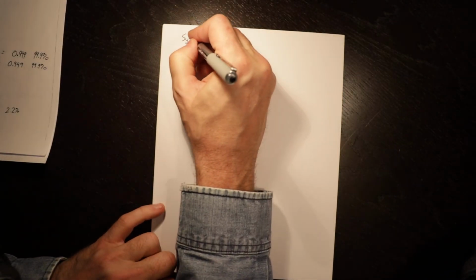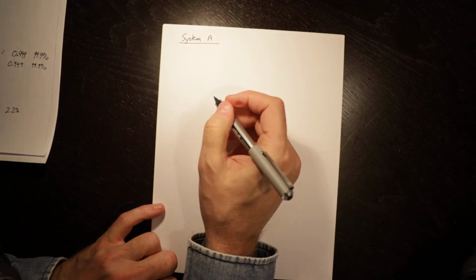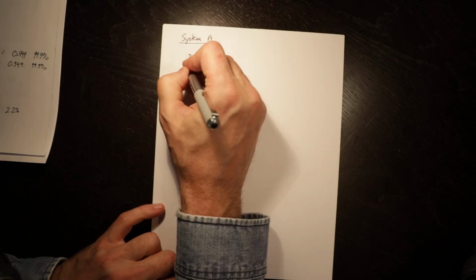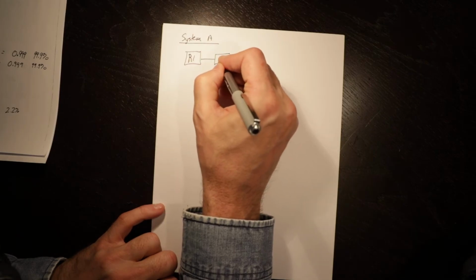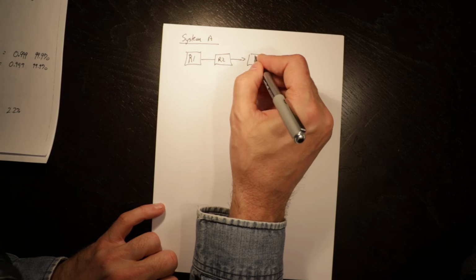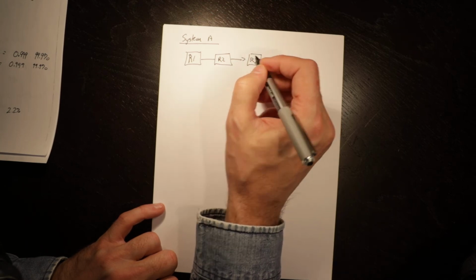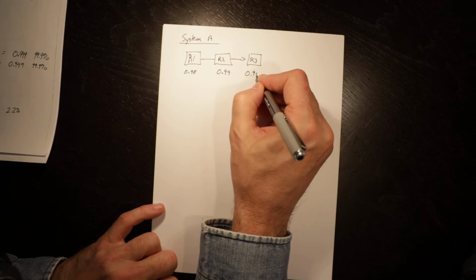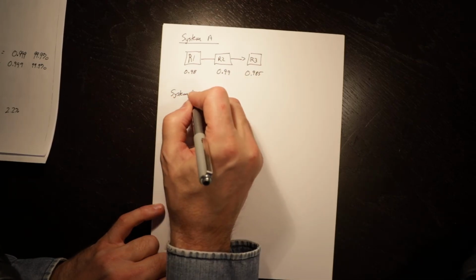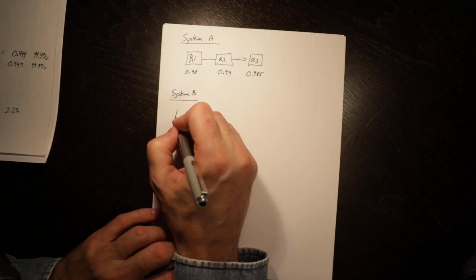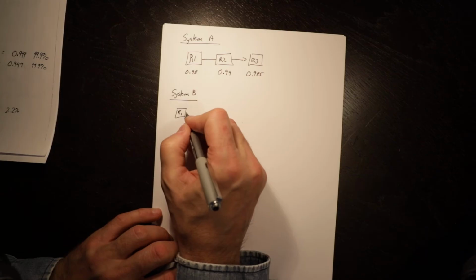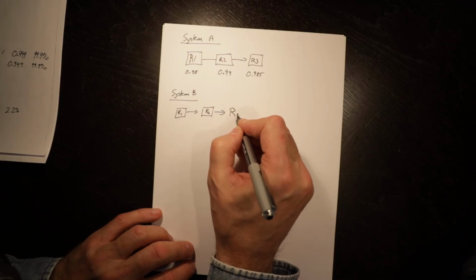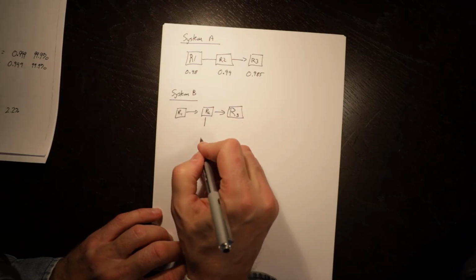System A, we've got component 1, component 2, component 3, and we've got system B, which has component 1, component 2, component 3, and this one has a backup.